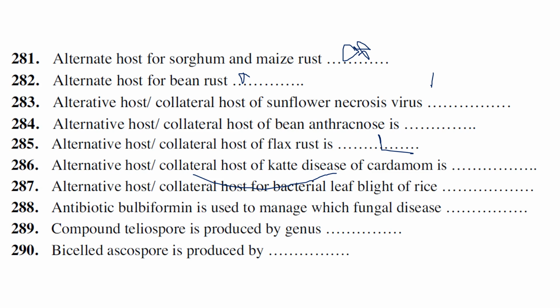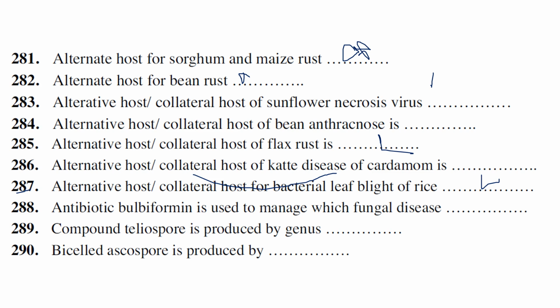It is a weed host, probably Ageratum, something like that, I think so. The next one is, 287, bacterial blight of rice. This is Leersia hexandra, and Panicum repens, various kinds will be there, but generally Leersia hexandra is the important one. This is also an alternate host for brown leaf spot and rice blast as well.